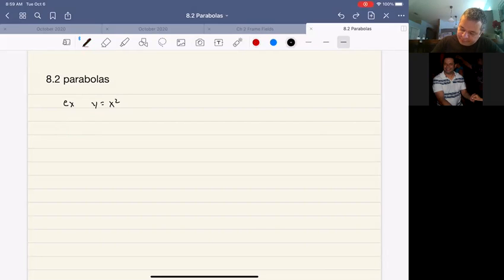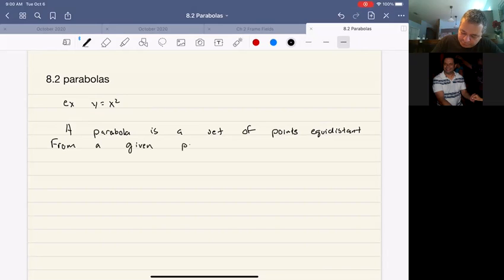A parabola is a set of points equidistant from a given point called the focus and a given line called the directrix.